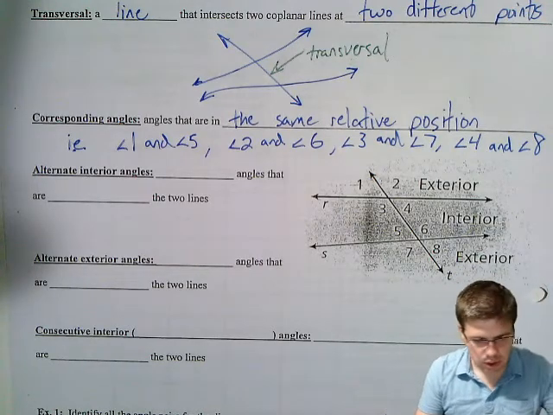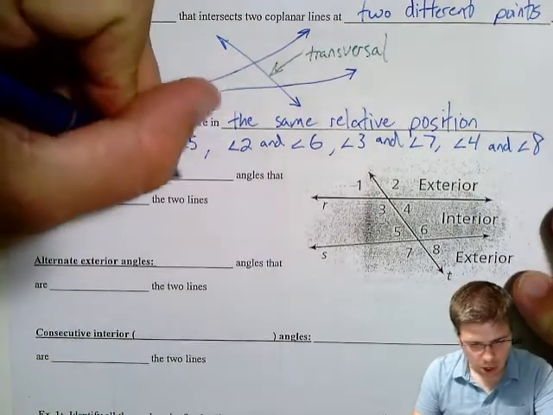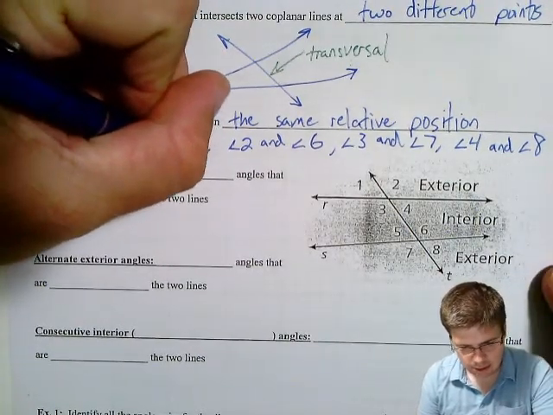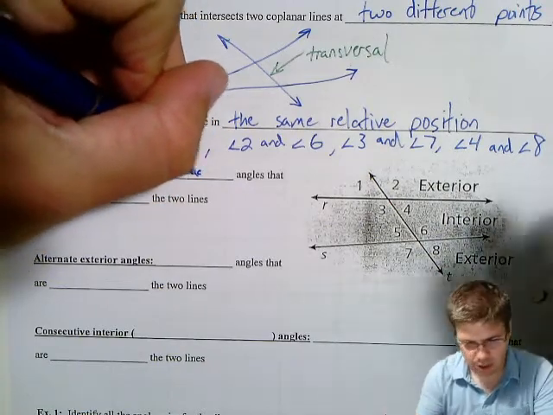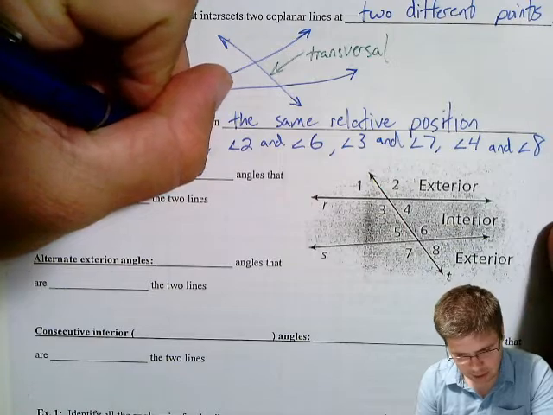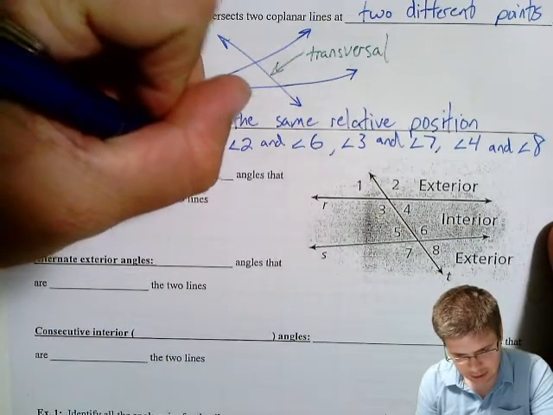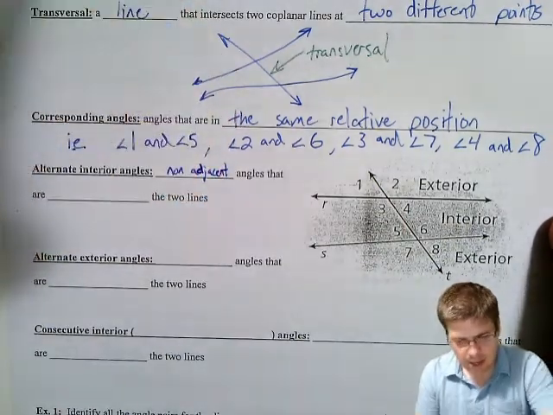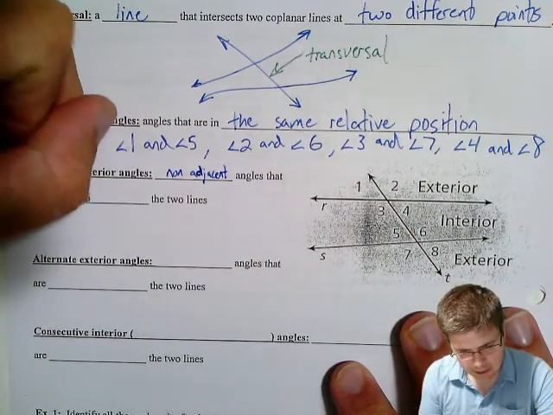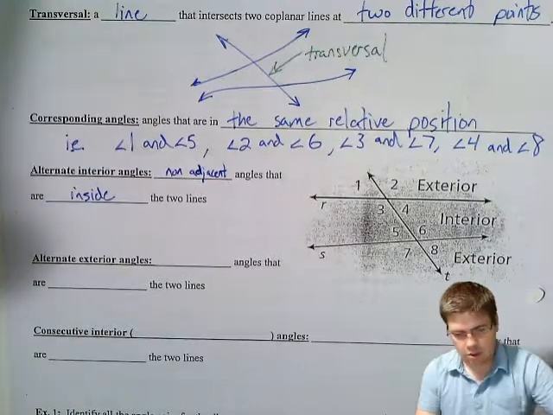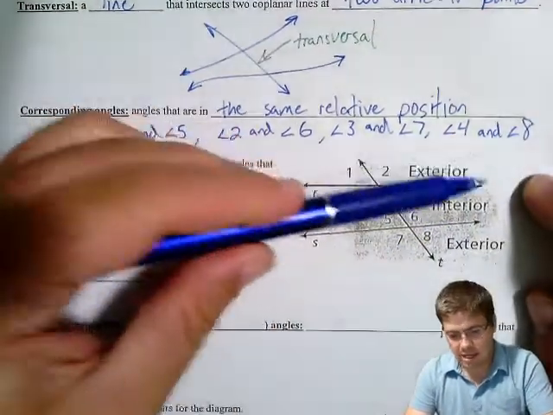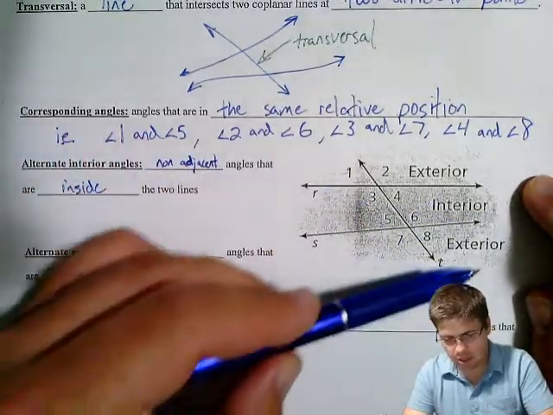All right, so alternate interior angles are non-adjacent angles. Adjacent angles share the same vertex and the same ray. So the non-adjacent ones that are inside the two lines. This is the interior, right? So these are my two lines, here's my transversal.